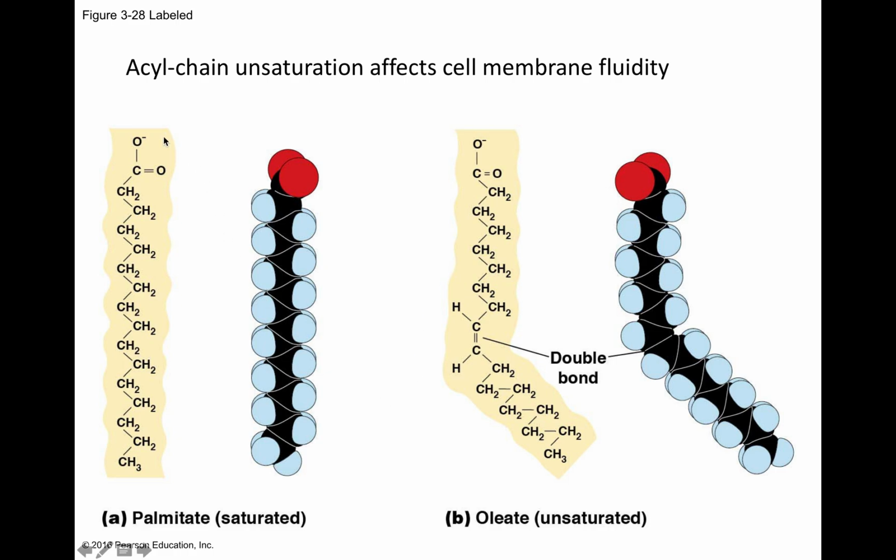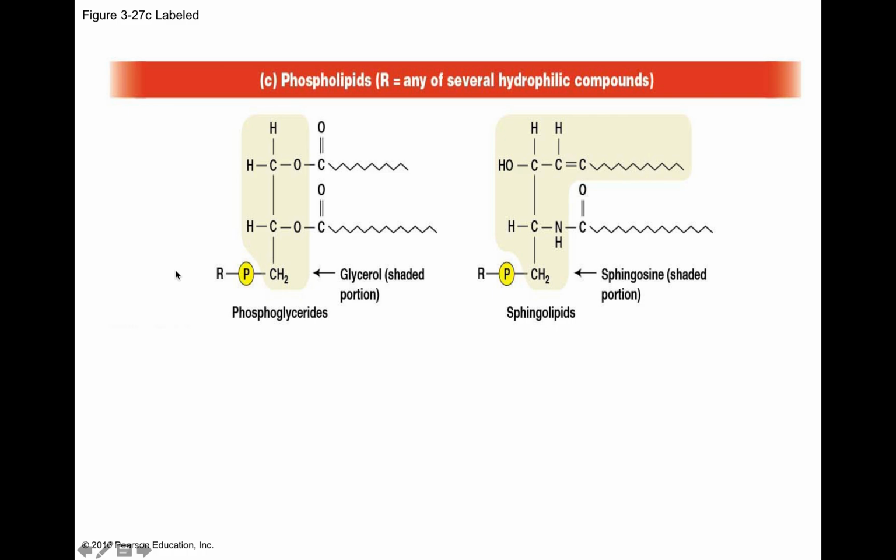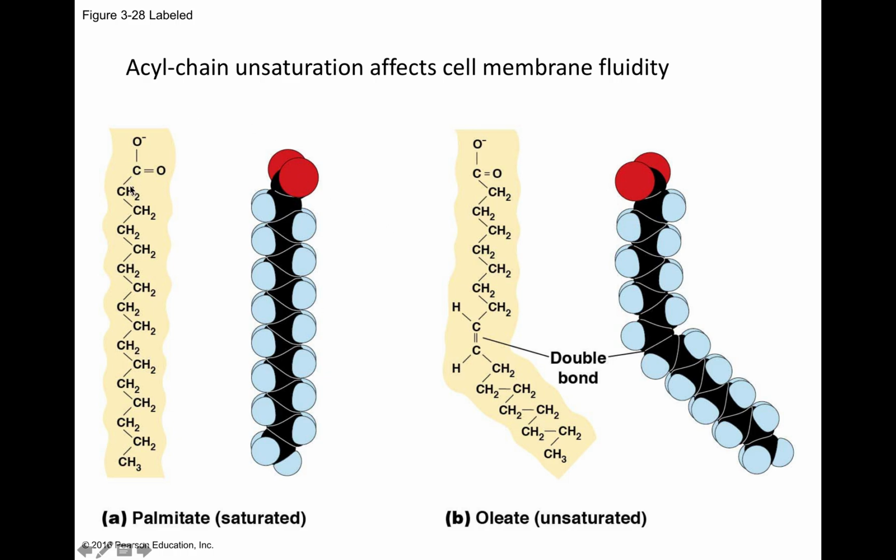These acyl chains, which we have seen drawn different ways: here it's drawn just like this, and then here it's drawn with the hydrogen groups sticking out from them, and then here it's drawn in 3D. Every carbon has to have 4 bonds. So if we take this carbon, 2 are to hydrogens on either side of it, 1 is to a carbon on top of it, 1 is to a carbon underneath it.